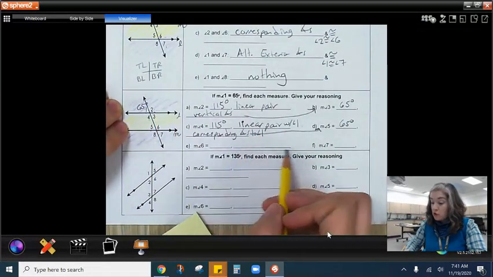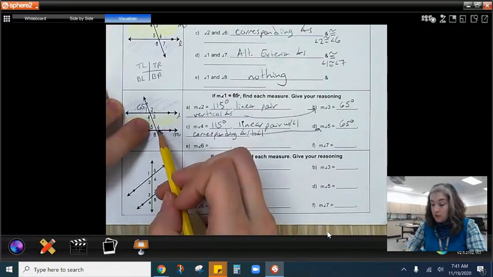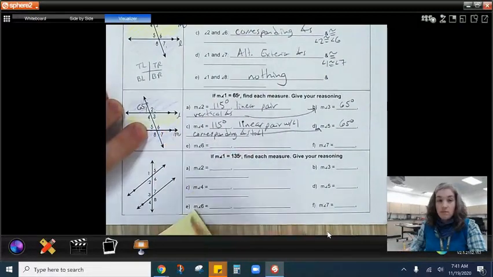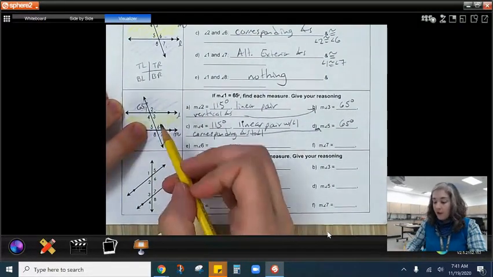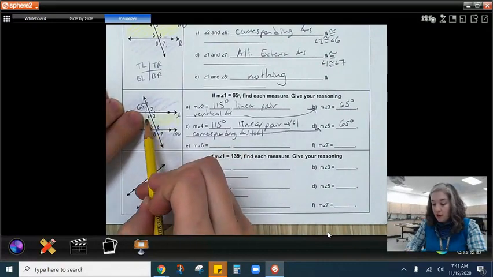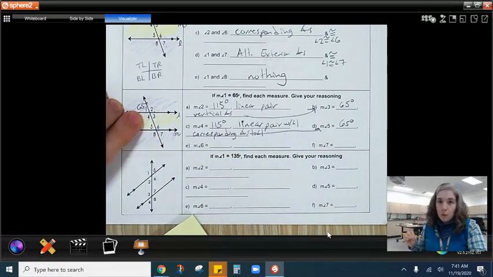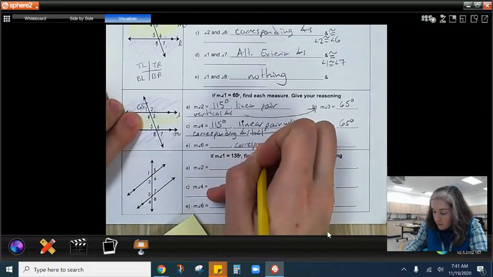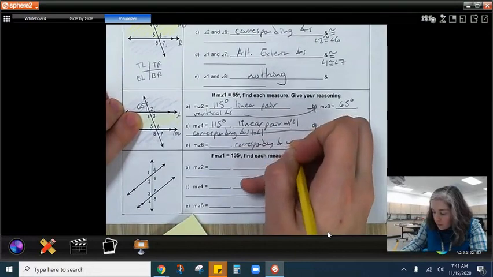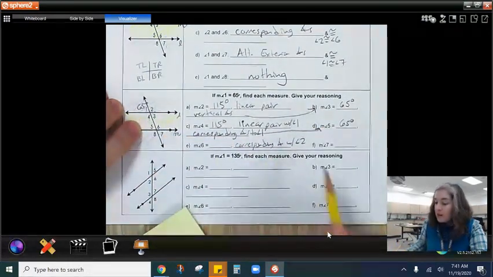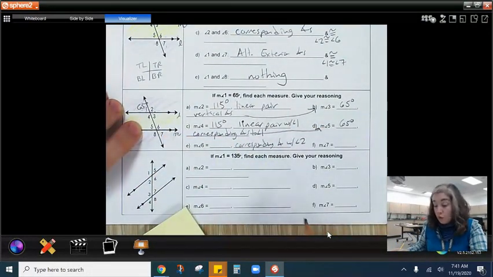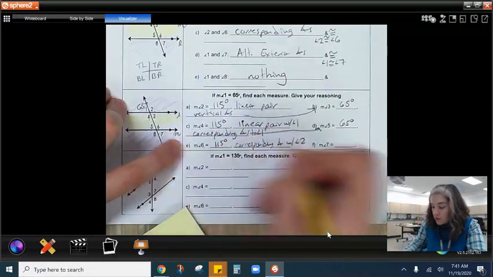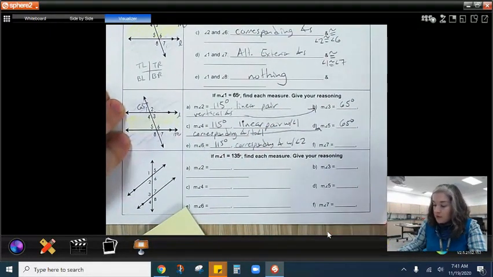Or angle 6 is consecutive interior angles with angle 3. That could work too. Or angle 6 is alternate interior angles with angle 4. Any of those work. I'm going to go with corresponding angles with angle 2. Because they are corresponding, they are congruent. So angle 6 is going to measure the same as angle 2. So that's 115 degrees.